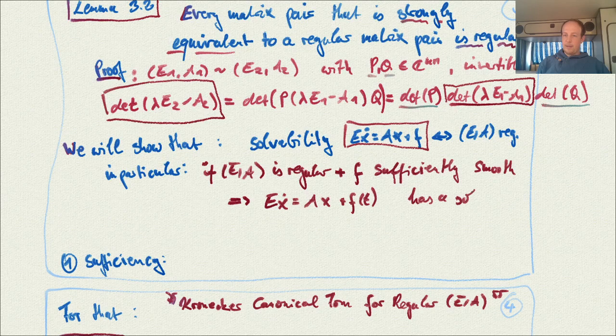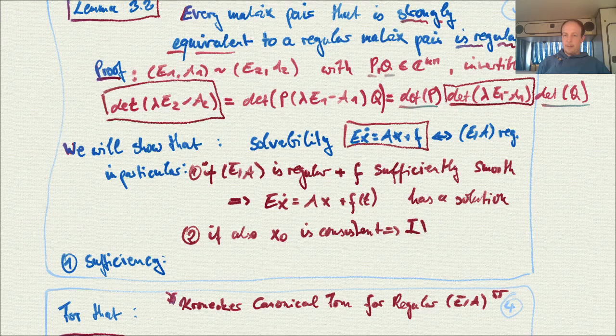So it's solvable, it has a solution, as we had it in the definition for solutions. And second, we will show that also if x0 is consistent, then the initial value problem has a unique solution.